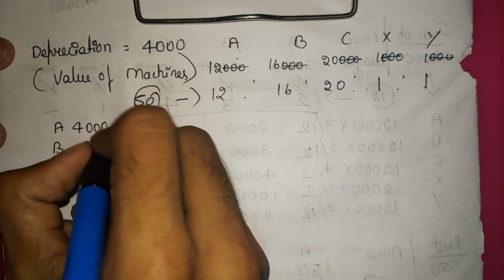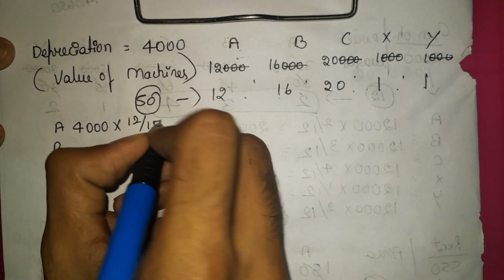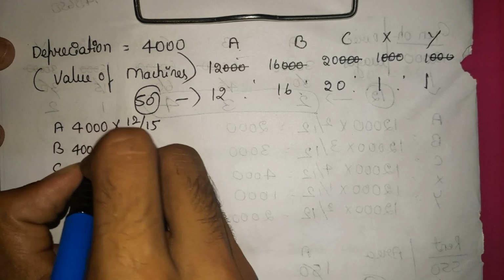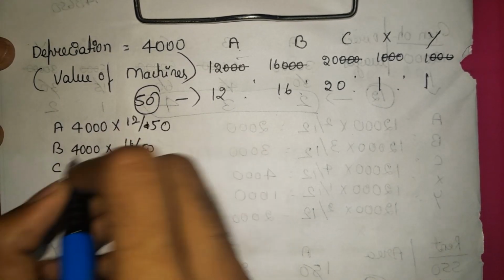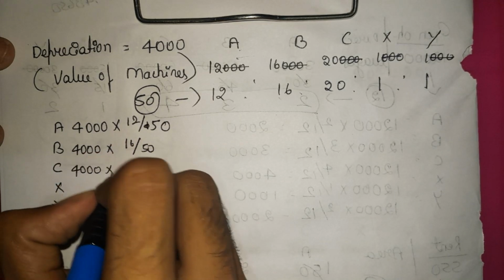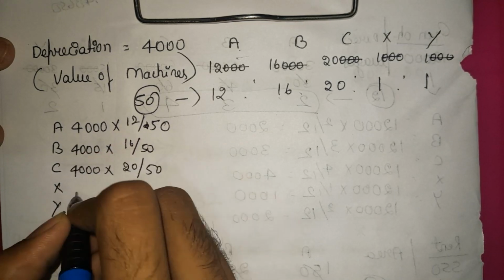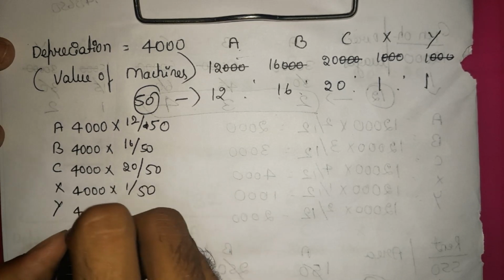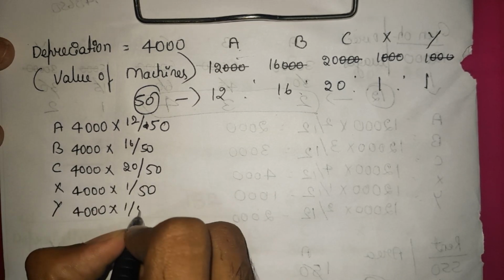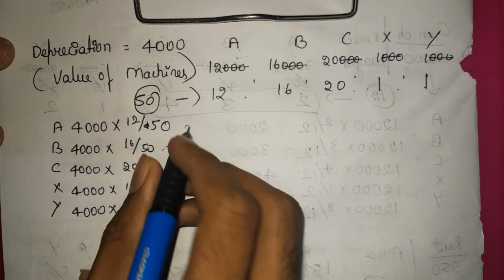A department will be 4000 into 12 by 50. B department will be 4000 into 16 by 50. C will be 4000 into 20 divided by 50. X department will be 4000 into 1 divided by 50 and Y department will be 4000 into 1 divided by 50.